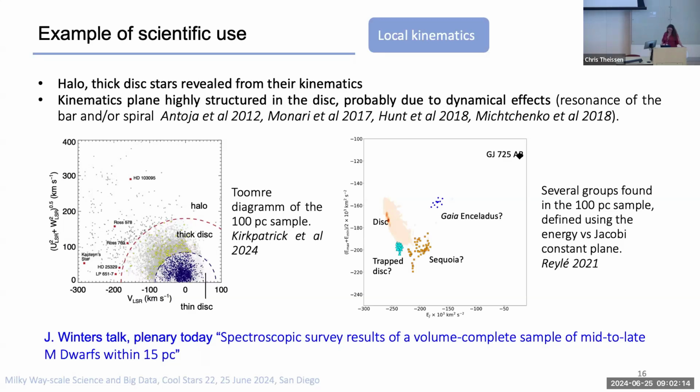And the kinematic plane is highly structured in the disk due to dynamical effects. And this is seen also in such a small volume as 100 parsec. And maybe Jennifer Winters will talk about that later today because she's talking of spectroscopic surveys.